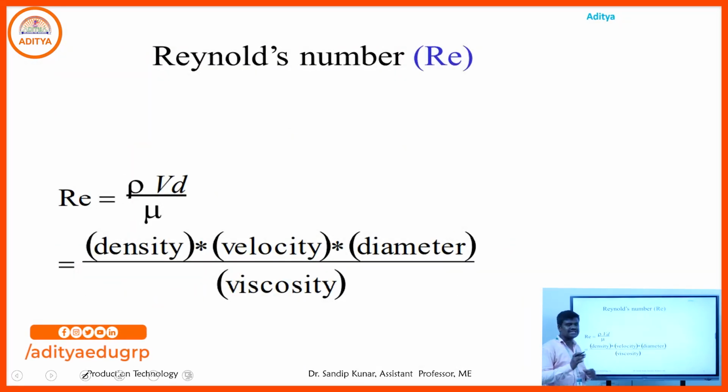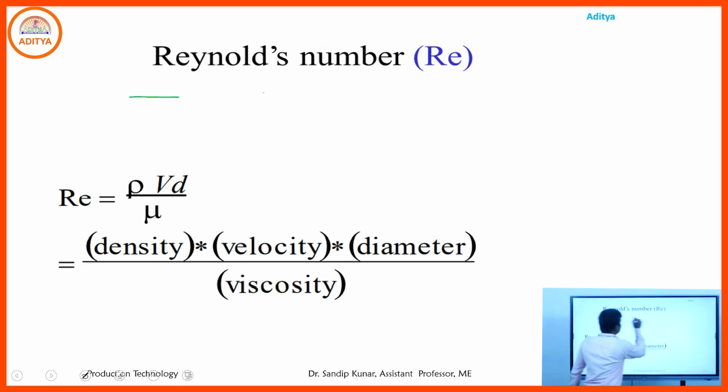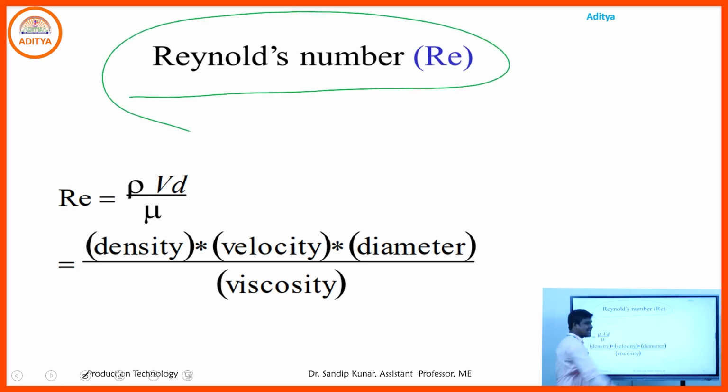How do we determine the type of flow? For the flow of the molten metal, how do we decide whether the flow is laminar or turbulent? For getting the type of flow, we use the Reynolds number. Re equals rho V d by mu.